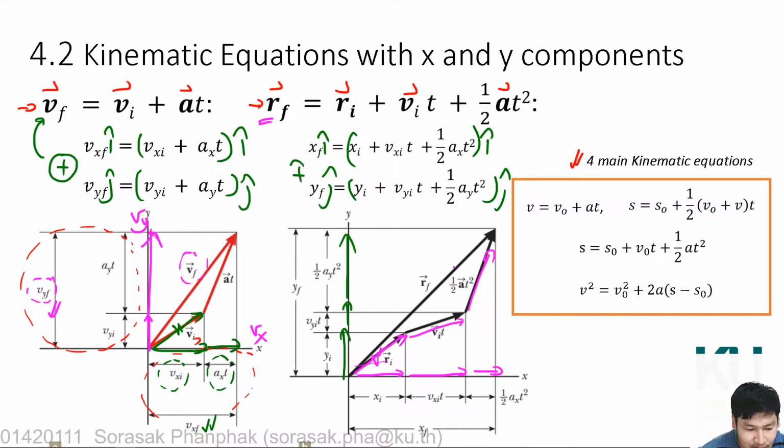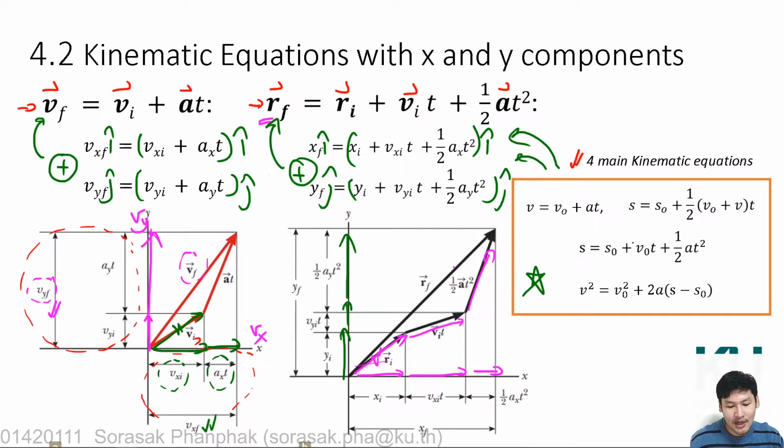When you sum it up, it's your resultant vector. This is an example of the component breakdown. As you can see, you can apply the four main equations in each component. Not only the first equation and the third one, all of the equations you can use, if you have some parameters related to these equations.